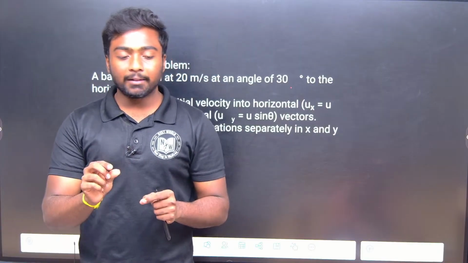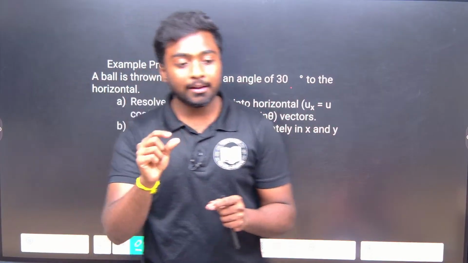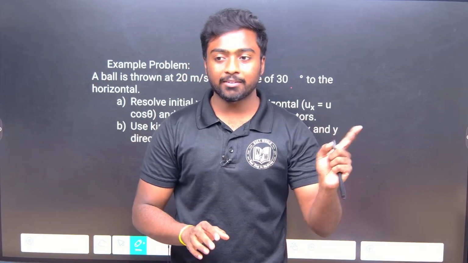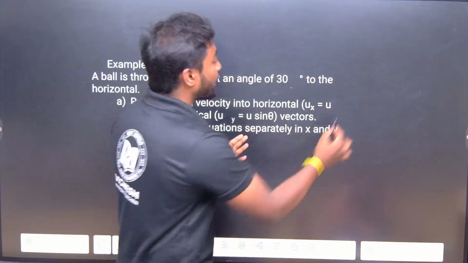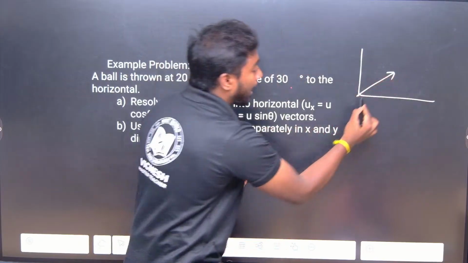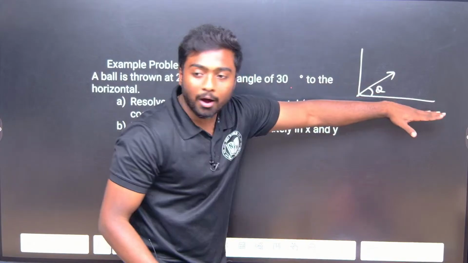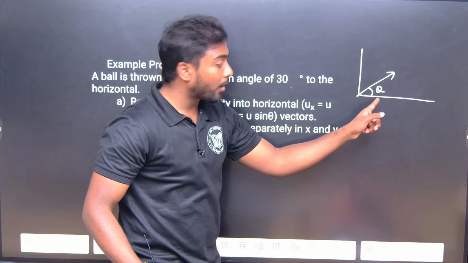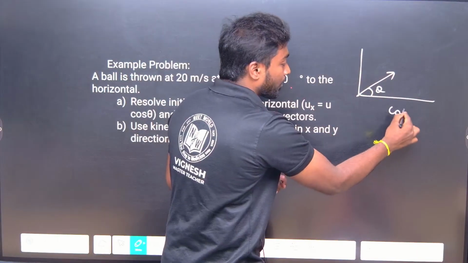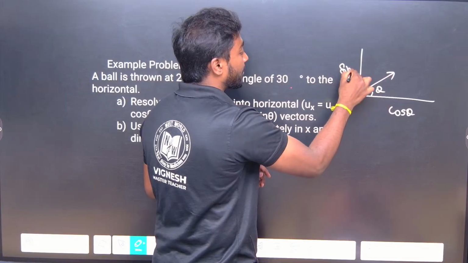Simple thing: if theta, the angle, is closer to an axis, that is cos theta; away from the axis, sin theta. If this is my vector and this is the angle with respect to the horizontal, close means horizontal, so this is cos theta, this is sin theta.